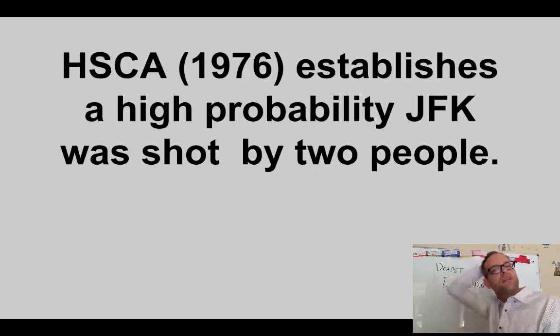The questions surrounding John F. Kennedy's assassination were so great in the public that in 1976, Congress started an independent investigation of the matter, the House Select Committee on Assassinations. They looked at two assassinations, Martin Luther King's, I believe, and John F. Kennedy's. They established by a high probability that JFK was shot by two people.